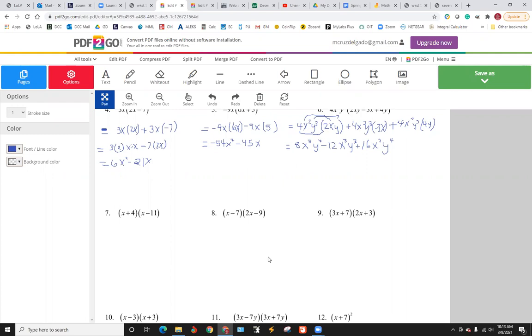All right, so remember, you just want to multiply everything. So you're going to have 4 terms.